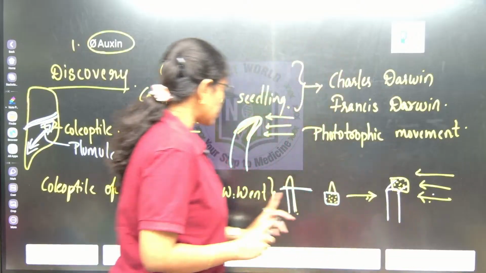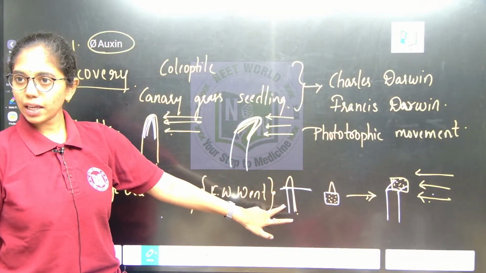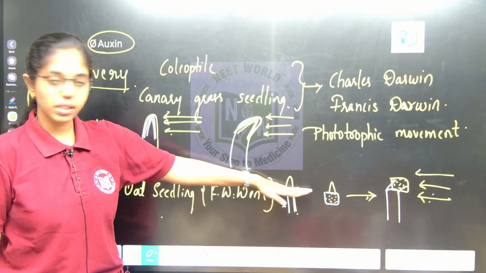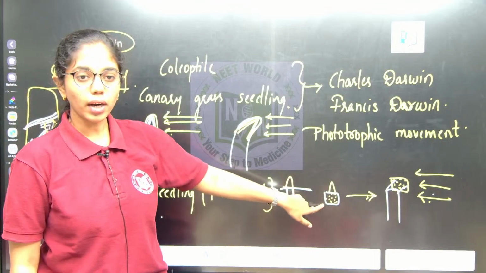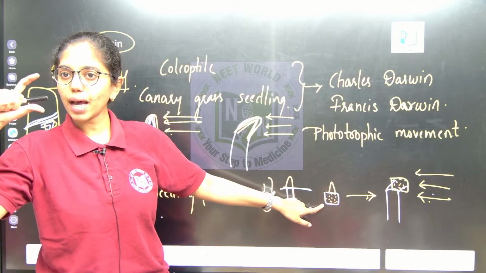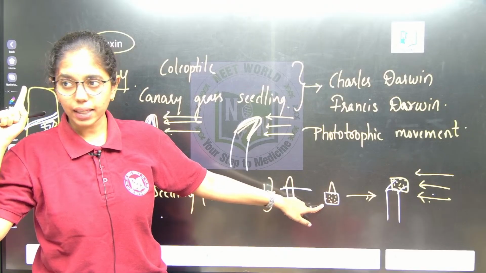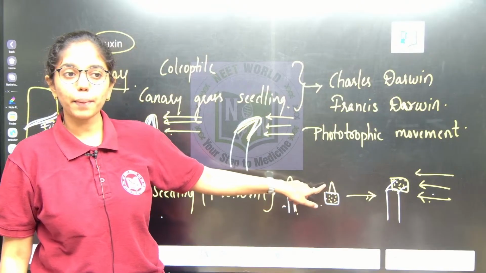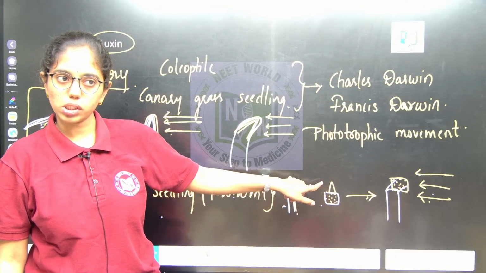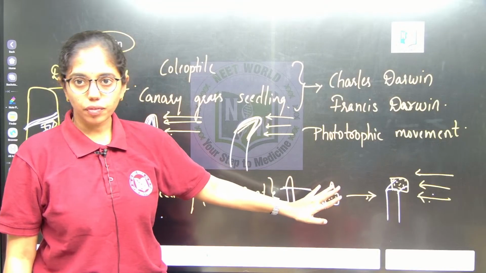Once again I will repeat the experiment. The coleoptile of the oat seedling was taken and it is decapitated. The removed coleoptile part is kept over what? Agar block. What is agar block? It is a hydrocolloid which we extract from red algae. So, over that hydrocolloid, the decapitated coleoptile of the oat seedling is placed, and it remains like that for some period of time.